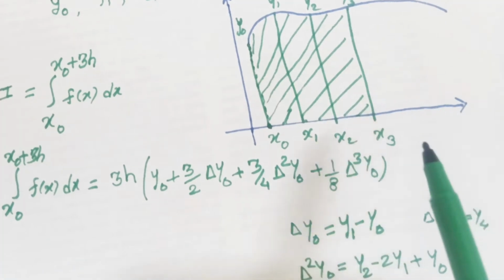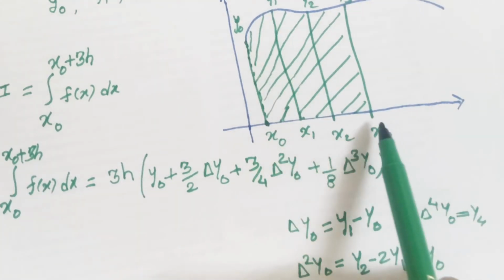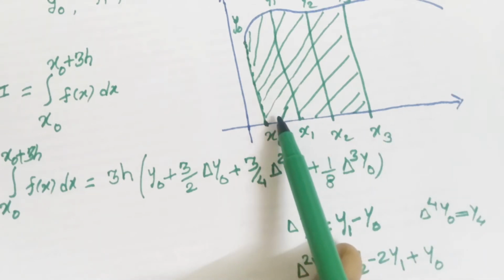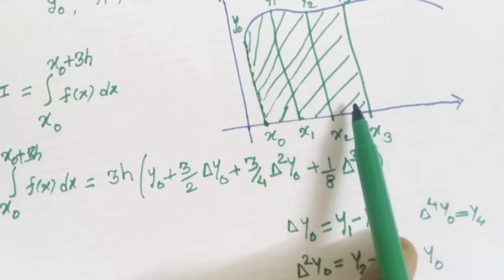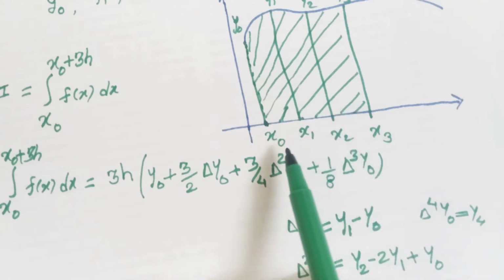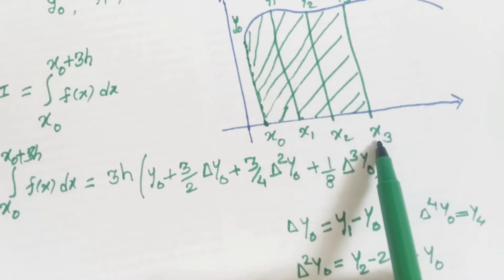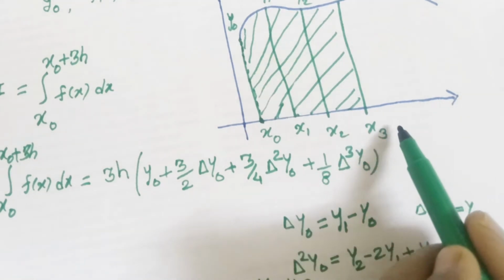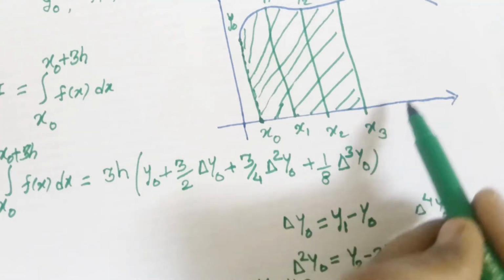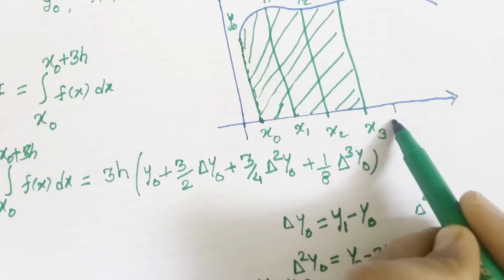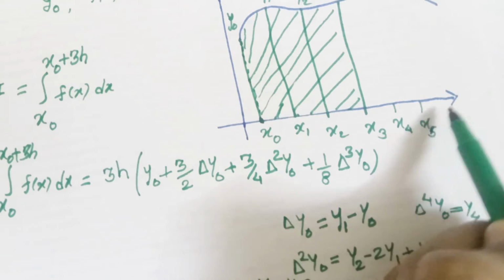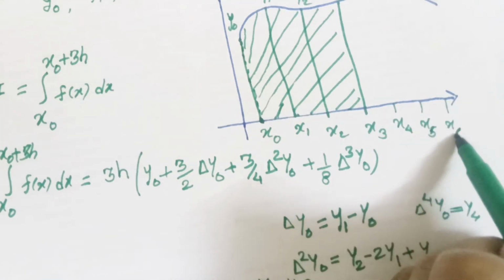Now we have to find the next integration. Here we are covering 3 parts of our given curve, from x0 to x3. Now we find the next integral, covering the next 3 parts, x3 to x4, x4 to x5, x5 to x6.